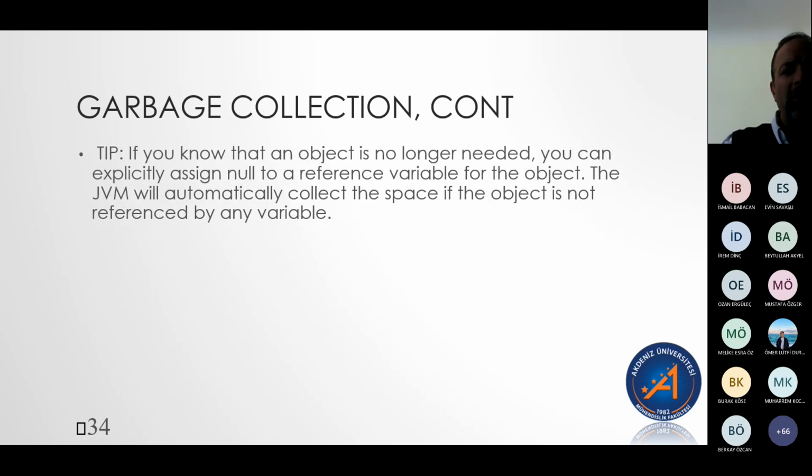Tip. To help the garbage collection, if you assign a null value to a reference, then the JVM will automatically collect the space. Because again, it will only do this once it realizes that nothing is pointing to that object in memory anymore. As long as that reference variable continues to point to that object, it won't collect it, because it'll say, oh, there's still something pointing there, it still can use it.